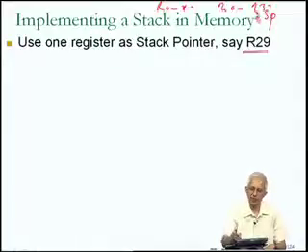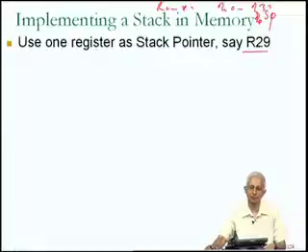And one of the registers, therefore, is referred to as %SP. And that is, in fact, the assembly language way of referring to the register which is used as the stack pointer. And typically, I believe, R29 is the register which is used as the stack pointer.